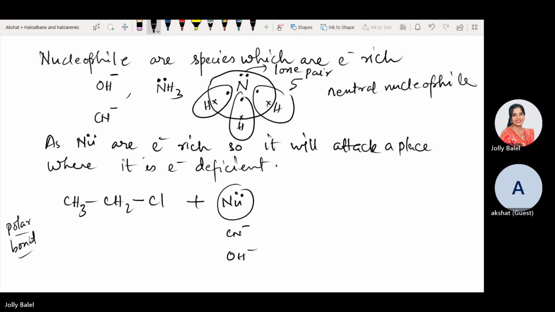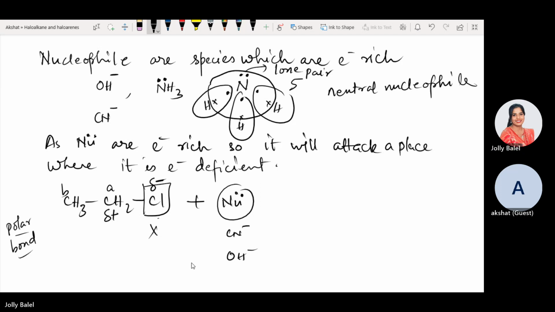If I have written A, B, which one is your most polar bond? A, right? Because it is directly connected to the halogen. The halogen withdraws electrons from the carbon, creating a partial negative charge on chlorine and a partial positive charge on carbon.